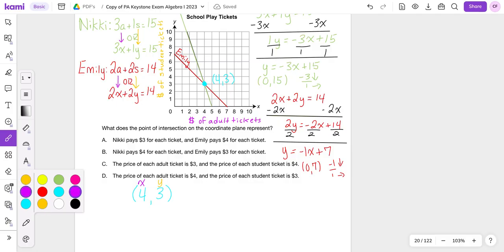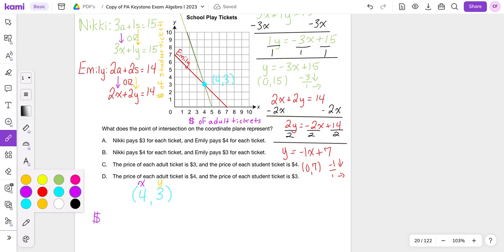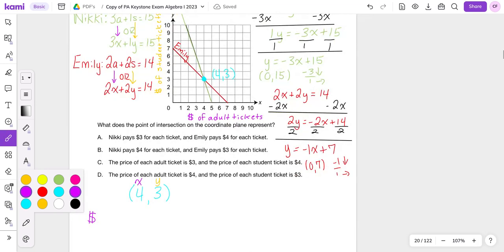Therefore, this is going to be $4 for adult tickets, and $3 for student tickets.